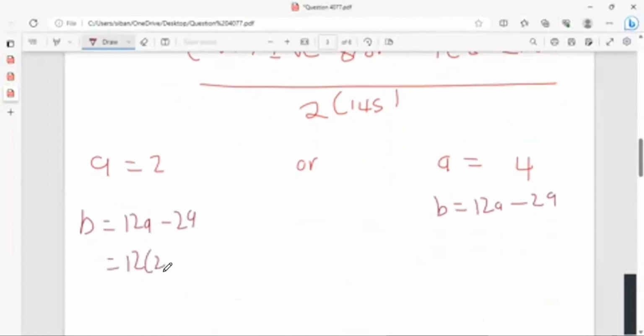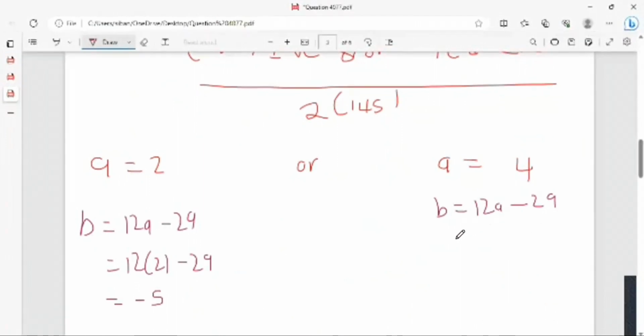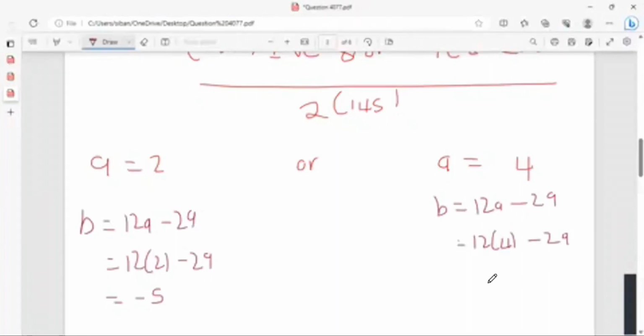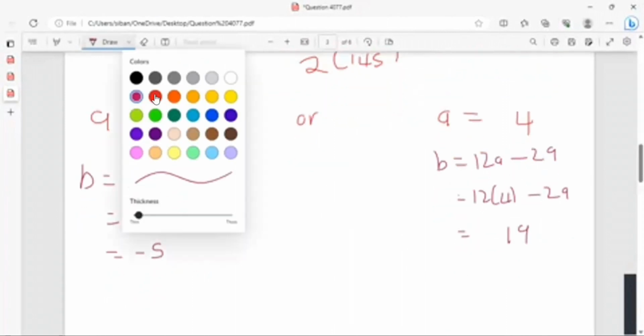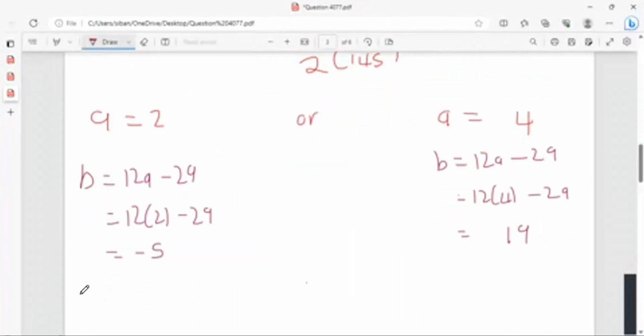So 12 times 2 minus 29. You put this in your calculator and you'll get a value of minus 5. Let's do the other side. 12 times 4 minus 29. You put this in your calculator and you get 19. So the coordinates of k are either going to be 2 and minus 5 or 4 and 19.